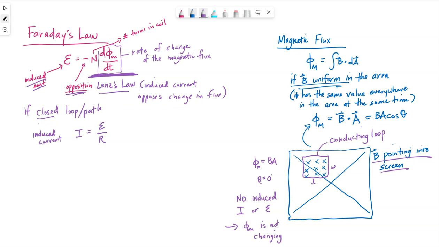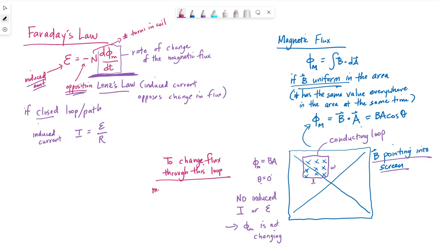So to change the flux through this loop, so that we do get an induced current, an induced voltage as well, there are multiple things we can do.